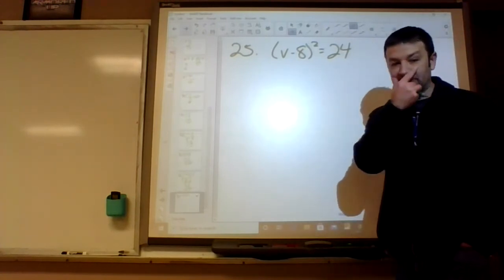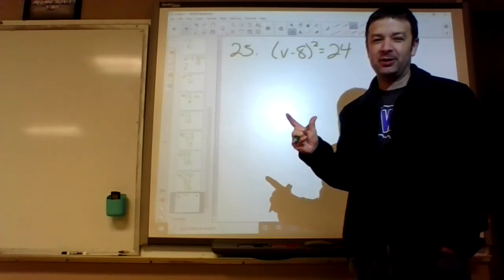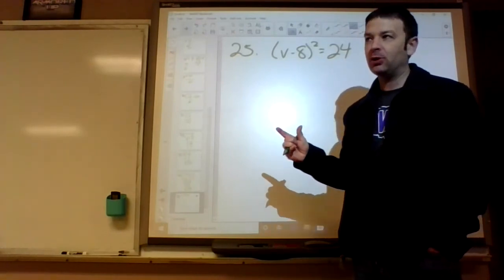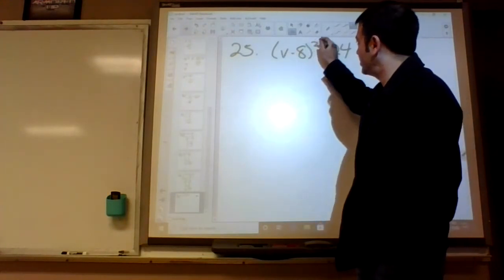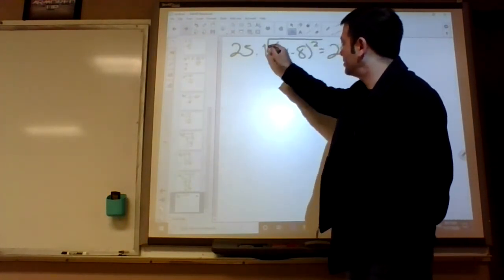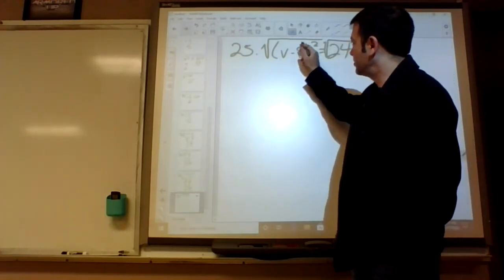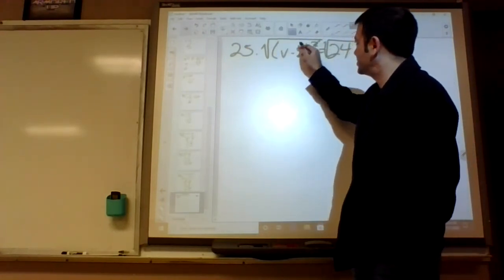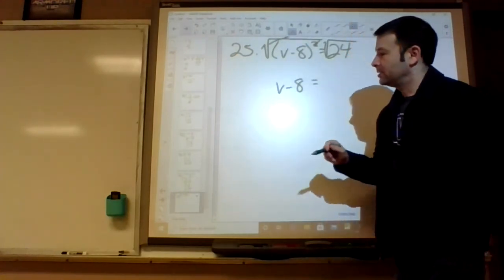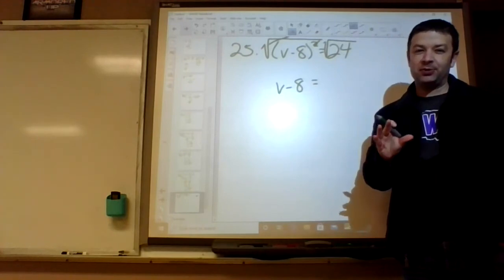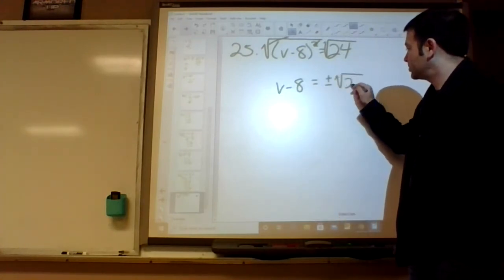I guess let's go ahead and, since the whole left side is squared, you can start by square rooting both sides. Because all of this is squared, you can get rid of that by square root. Here's the thing though. So on the left side, those just cancel out. So you get v minus 8. On the right side, we don't just have square root of 24, we actually have plus or minus square root of 24.